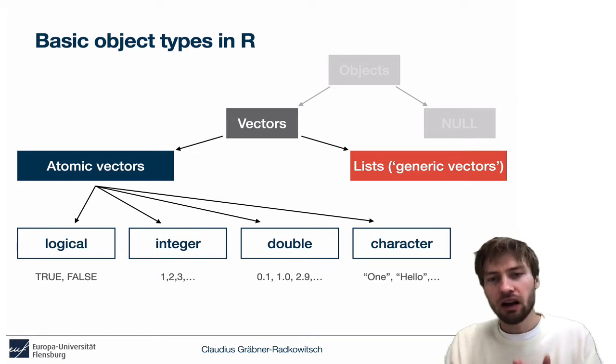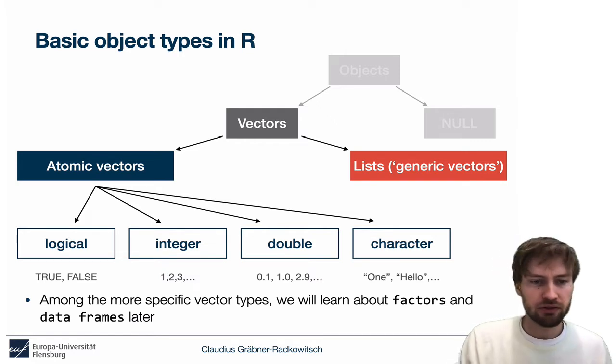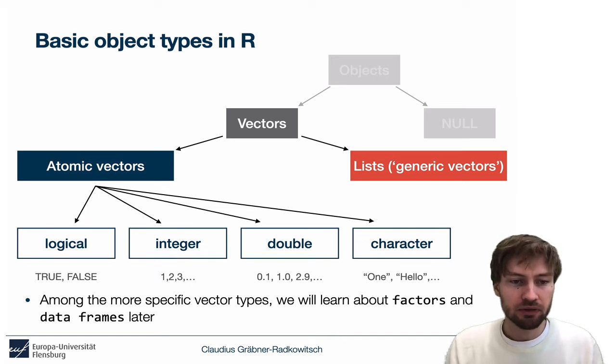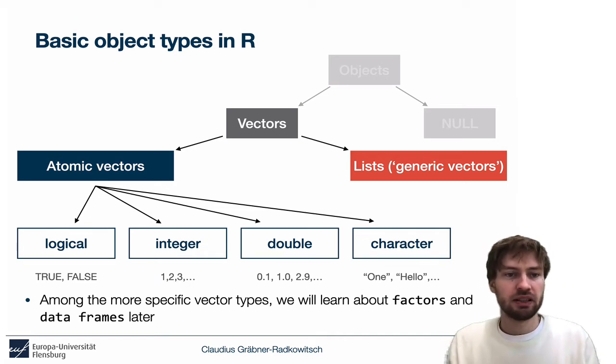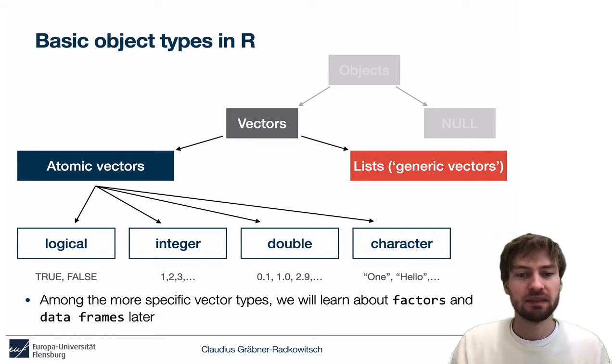Then again, there are more advanced types of vectors, like factors or data frames. But we'll learn about them at a later point in time. And the good thing is, once you understand these basic object types, like atomic vectors, lists, and the different subtypes of atomic vectors, it's actually not that difficult to learn these more advanced concepts whenever you need them in practice.